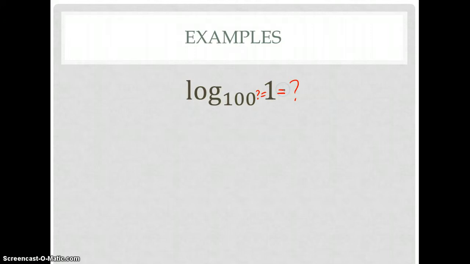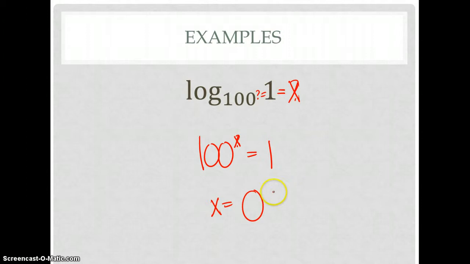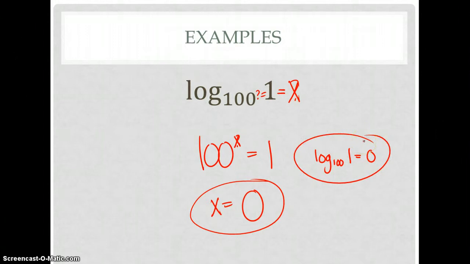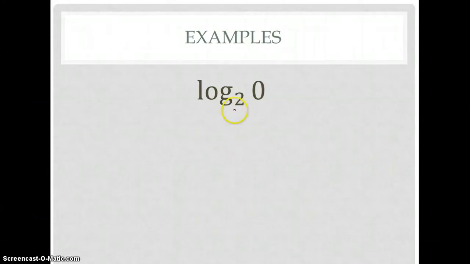So what does log base 100 of 1 equal? What power would I raise 100 to in order to get 1? It would have to be 0. So x is going to equal 0. So log base 100 of 1 equals 0. It's saying 100 to the 0 power, and the answer is the power, 0.